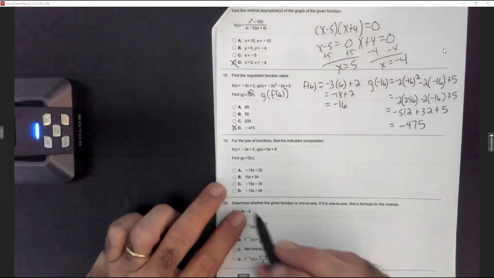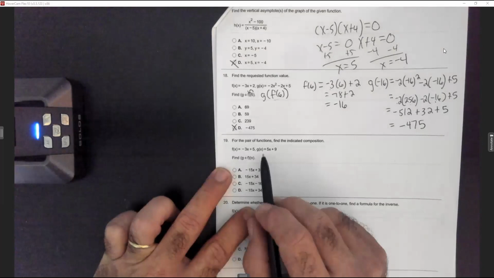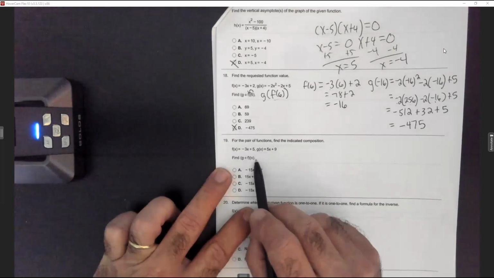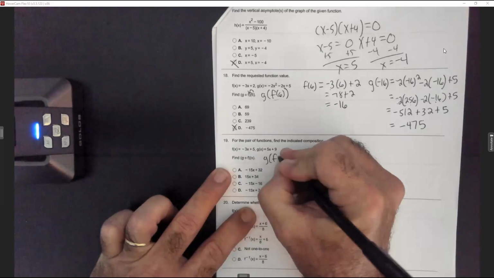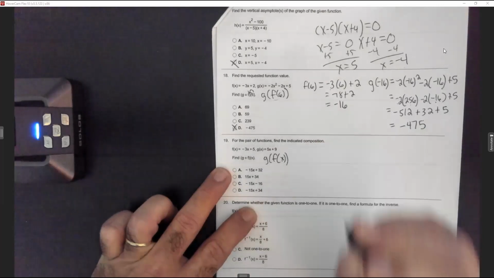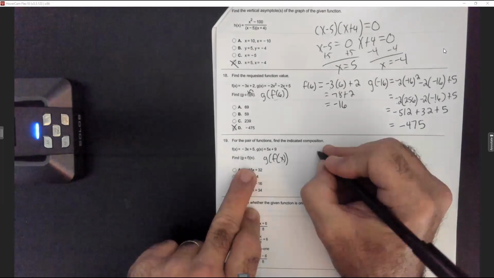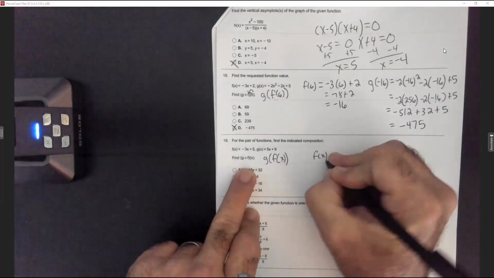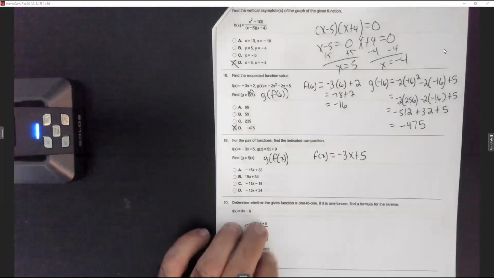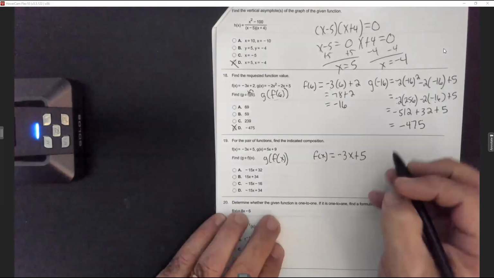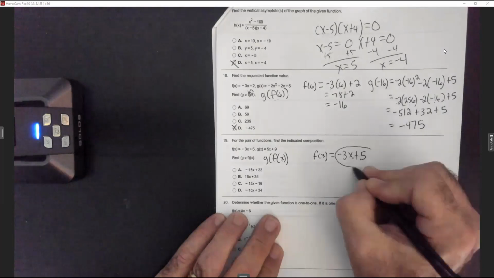And y'all, this next one is the same thing, but we didn't give you a number this time. So it's still going to be like finding G of F of X. So first we would get F of X. F of X equals -3x plus 5. Since I didn't give you a number in that, you cannot do nothing to that.